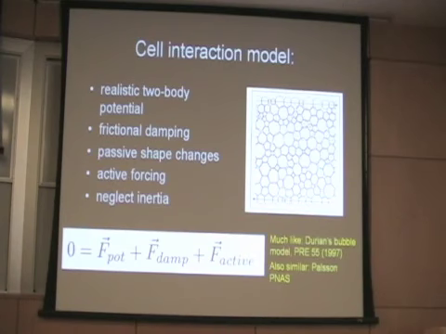Where the active processes come in this model is through the active forcing, and I'll talk about that. Also we'll neglect inertia, so that we have an equation for the motion of each cell, which is basically the sum of a potential, a damping, and an active force. For those of you who are familiar, this idea is very similar to a model for foams by Doug Durian, with obviously changes.